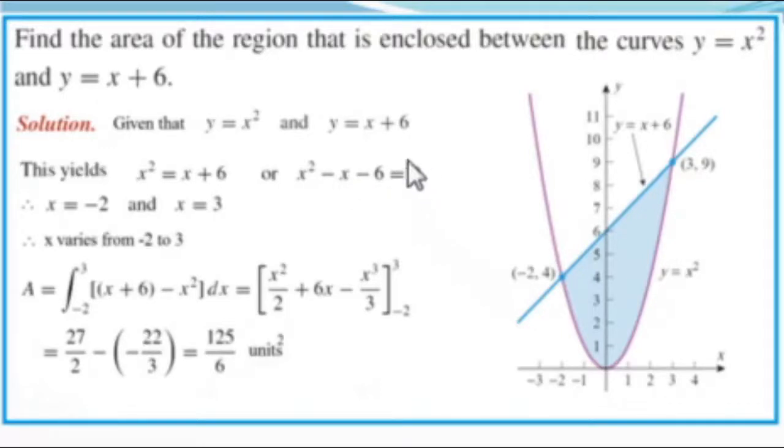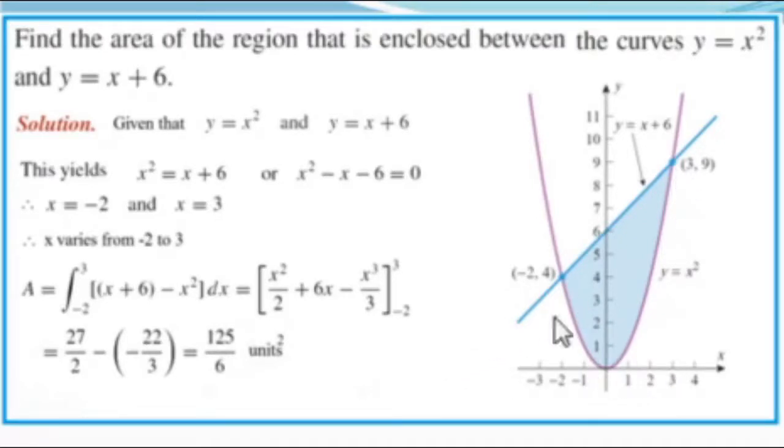For this quadratic equation you will get the value of x is minus 2 and 3. তুমি সমাধান করলে -2, 3 পাবে, যা তুমি ক্যালকুলেটরে করে নিতে পারো. It indicates that under this region এই এলাকার মধ্যে x এর সীমানা -2 থেকে শুরু করে up to 3 পর্যন্ত. সো আমরা যখন ইন্টিগ্রেট করব লোয়ার বাউন্ডারি হবে -2, আপার বাউন্ডারি হবে 3.